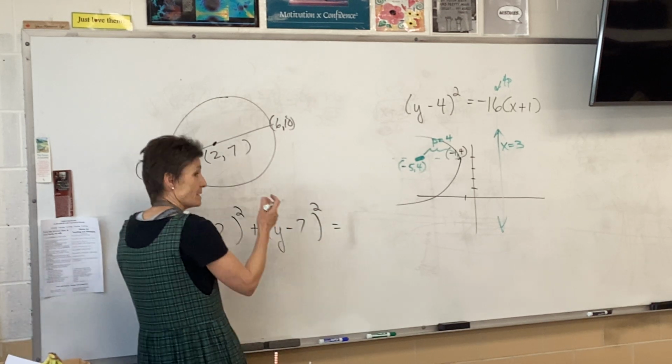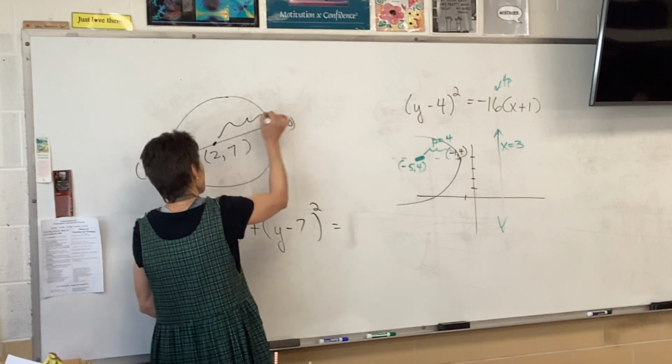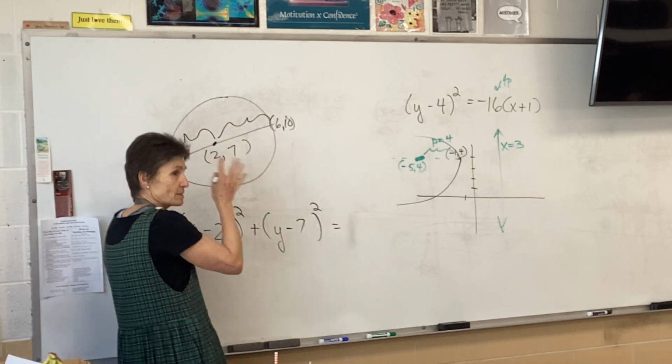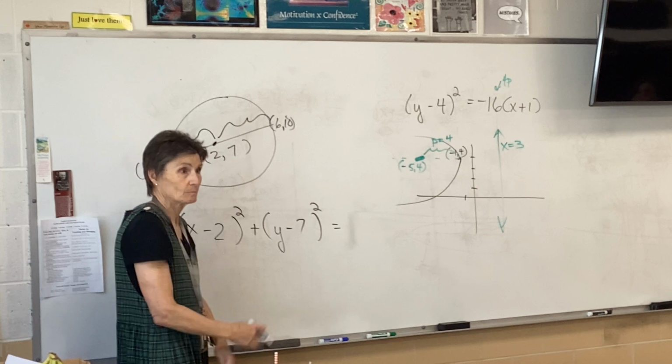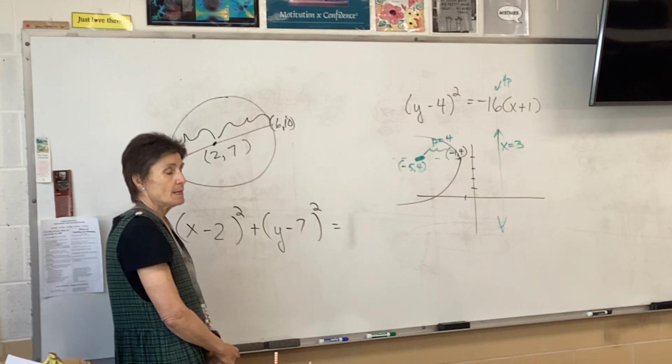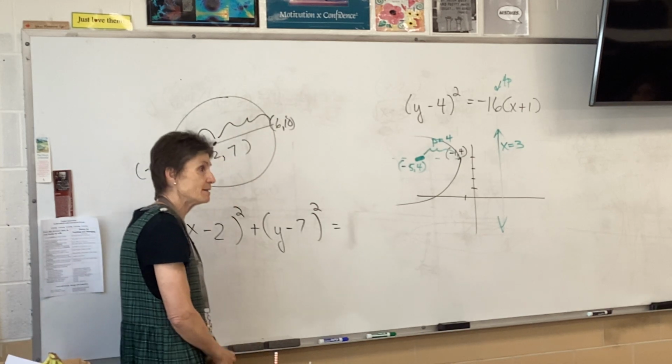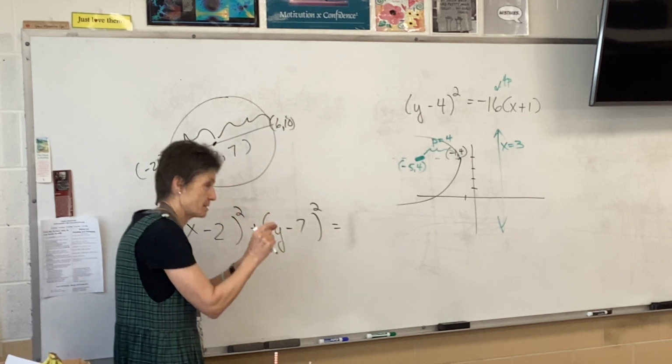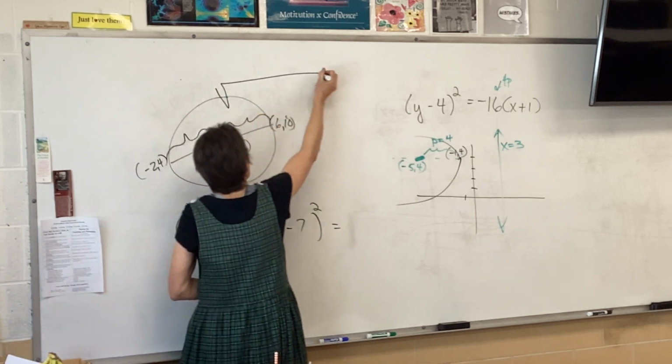I need the radius, which is either this distance or this distance. They're the same, so it doesn't matter, whichever one you want to do. And how do we find that distance? We use our distance formula.